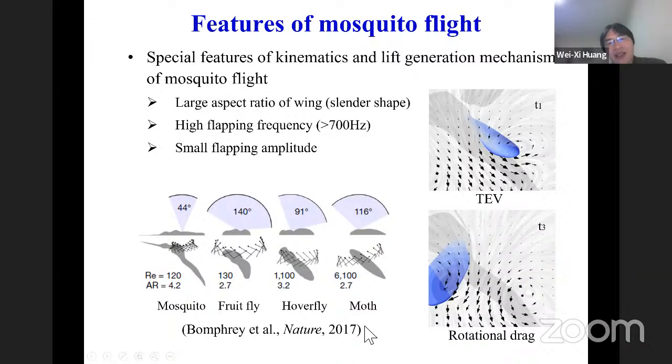This paper shows that due to the high flapping frequency, there is a significant rotational drag, which is a significant difference from other insect flight.